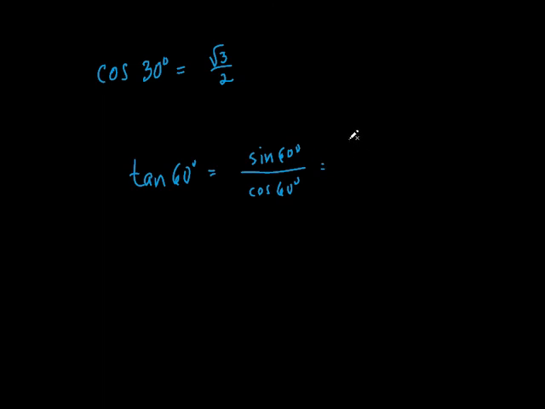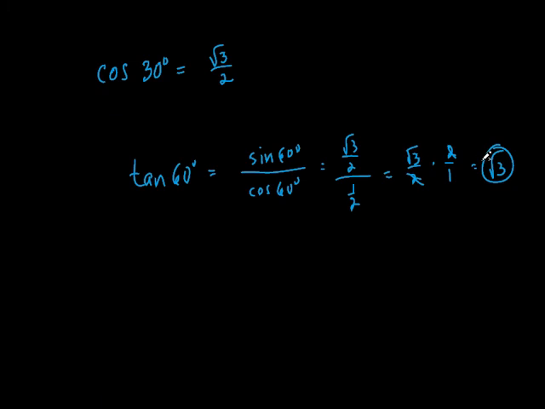Remember, 60 degrees is that steeper triangle, and the sine is the one that goes up and down. That's the longer leg, so that's the square root of 3 over 2. And what's the cosine of 60 degrees? That's 1/2. Now, how do you simplify that? Well, square root of 3 over 2 multiplied by what? The reciprocal. The 2's cancel. So what's the tangent? It's the square root of 3. Okay?